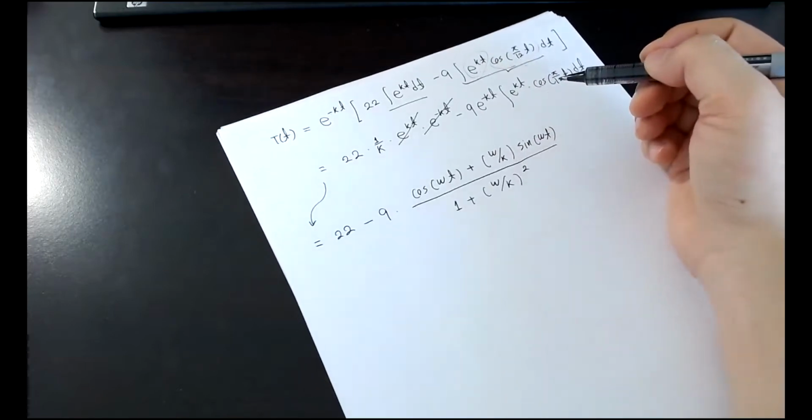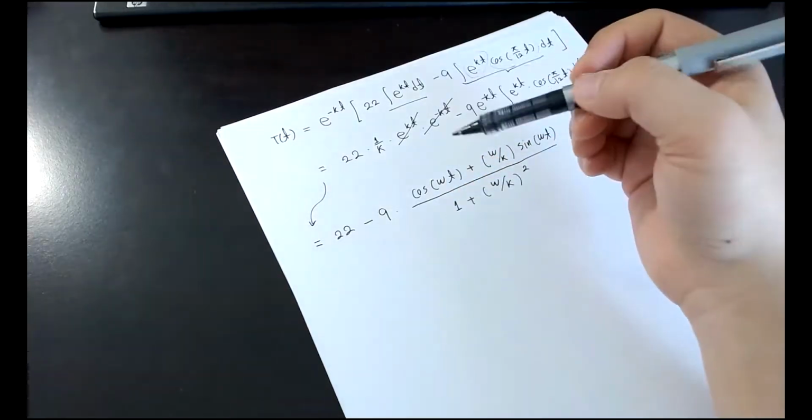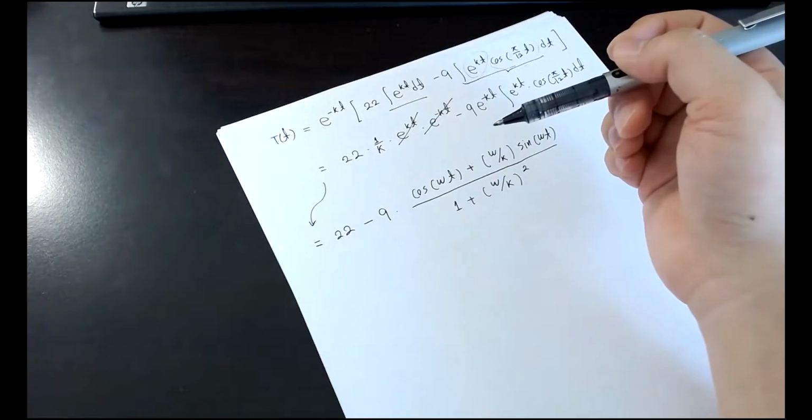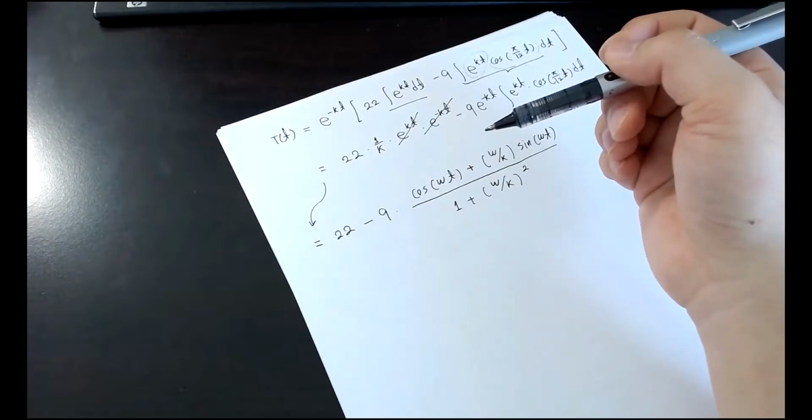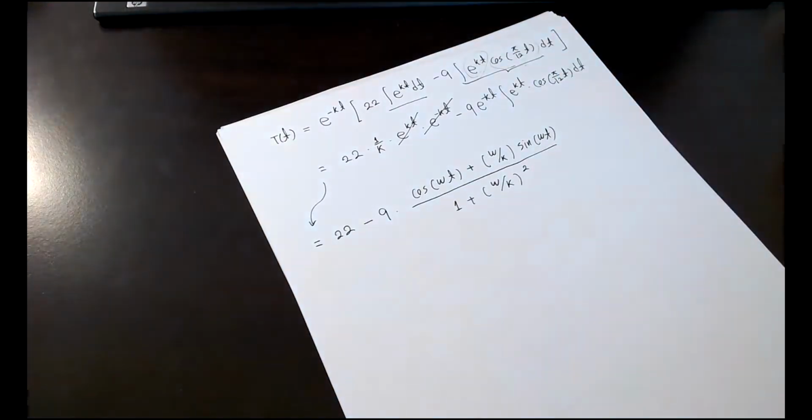So now the problem is this. In the question, it says: what is the lowest temperature inside the building if the time constant is 1 hour? What's the time constant?